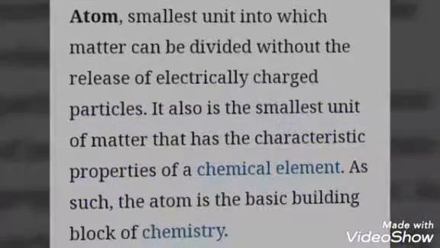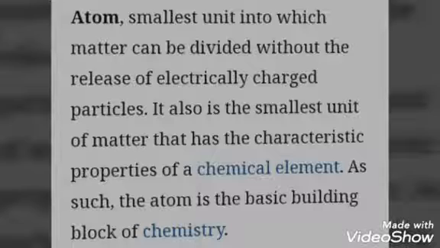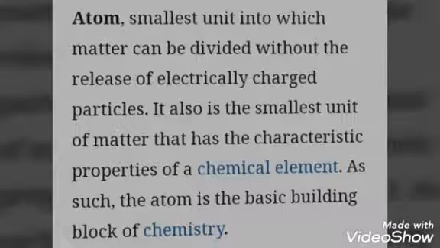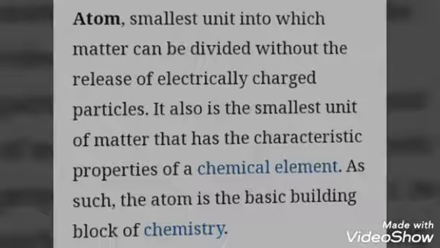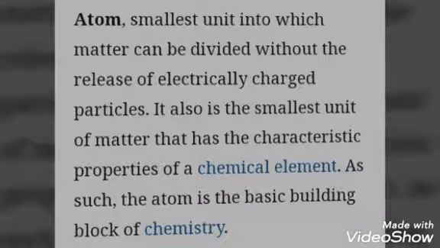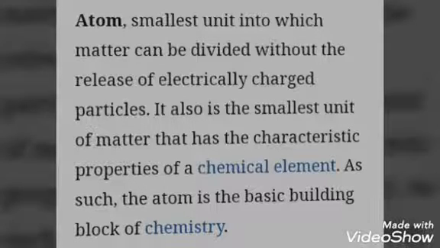What is an atom? Atom, the smallest unit into which matter can be divided without the release of electrically charged particles. It also is the smallest unit of matter that has the characteristic properties of a chemical element.